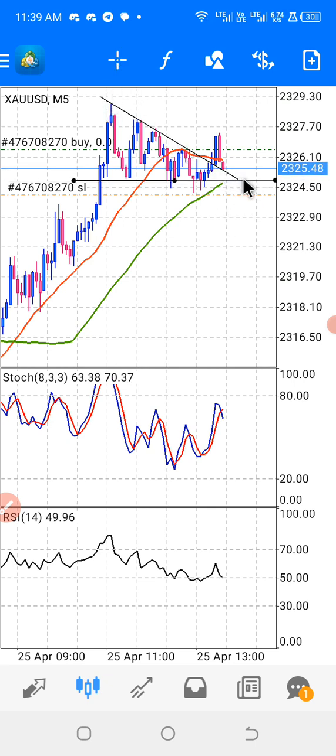This is what I mean. I could actually place it like this for it to look like a falling wedge. You can see. So a break above the wedge pattern is a bullish continuation pattern.